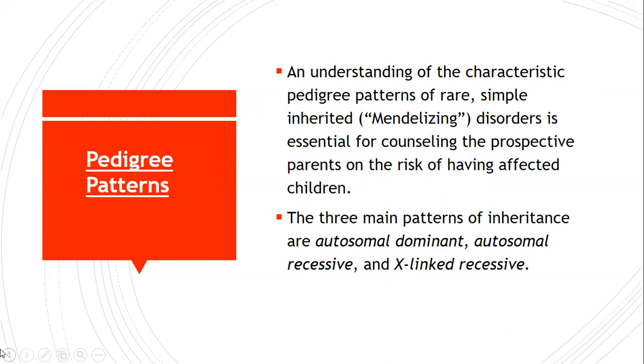There is a fourth one, called X-linked dominant, but that's quite rare. So knowledge of whether a disease is transmitted as an autosomal dominant, autosomal recessive, or X-linked recessive pattern forms the basis of genetic counseling in the affected parents.